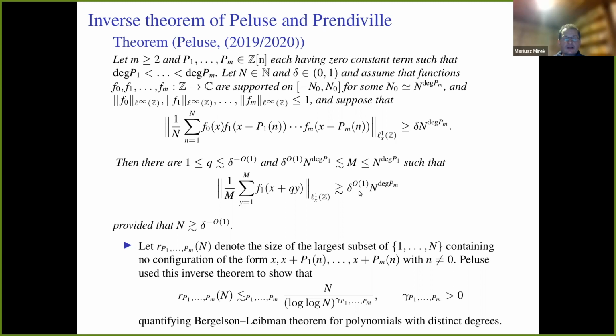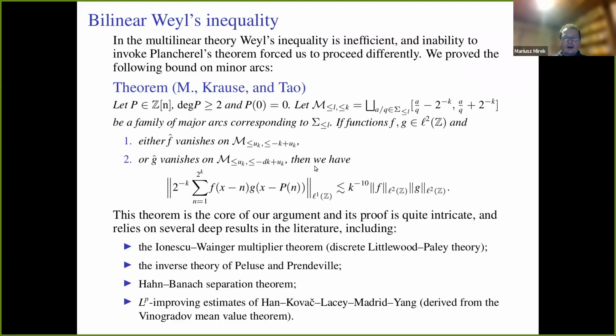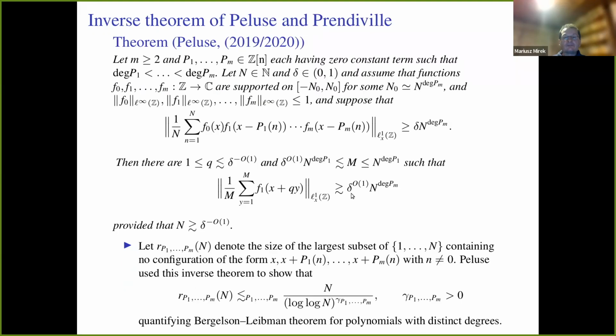This result was used by Peluse to give quantitative bounds in the Bergelson-Leibman theorem for polynomials with distinct degrees. So she was able to derive the following bound. And this was also the key in what I called on the previous slide the bilinear Weyl inequality.